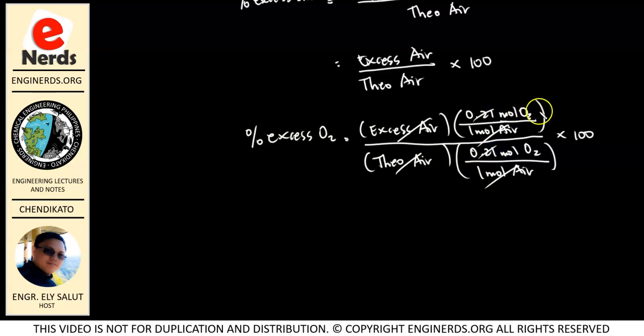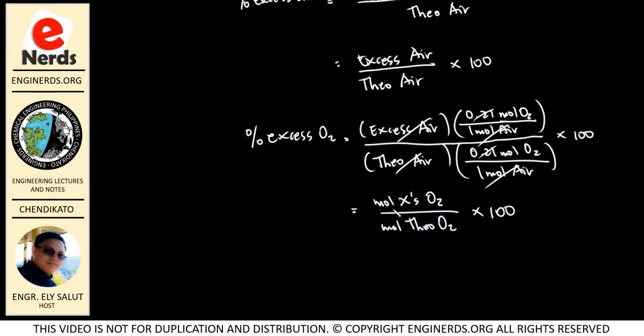Then ang matitira sa atin is yung moles ng O2 in excess air, and sa denominator, moles ng O2 ng ating theoretical air, di ba? So, that means we have moles of excess O2 over moles of theoretical O2 times 100.